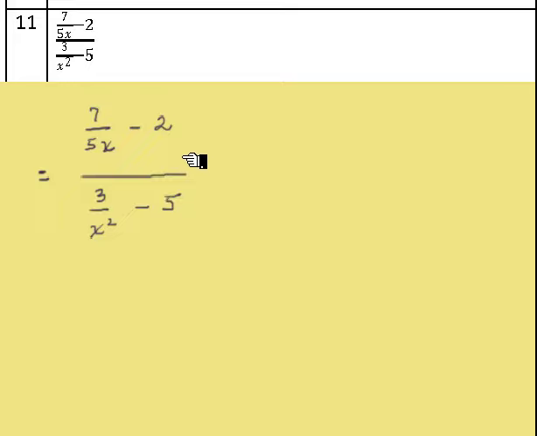So we want to multiply top and bottom by a factor that will cancel these two denominators. We need something that 5x divides into and x squared divides into. Well, that would be the common denominator of these two. The common denominator would have a coefficient of 5 and x to the higher power, x squared. So we're going to multiply top and bottom by 5x squared. Let's write it as 5x squared over 1.